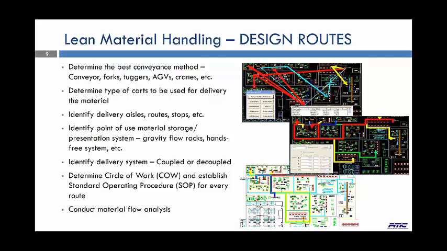So conduct a material flow analysis. ProPlanner is a pretty good tool. On the screen you see the Euclidean lines, the straight lines on the top, showing your source and destination. You can see how far you are from the warehouse, or from your marketplace to your point of use. The second chart, in the middle, shows all your routes through the aisles, and the red ones are the congested aisles.